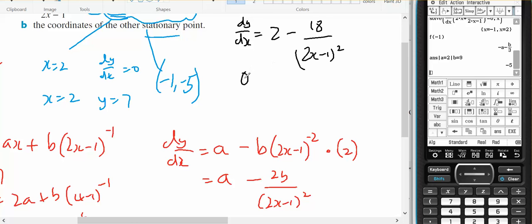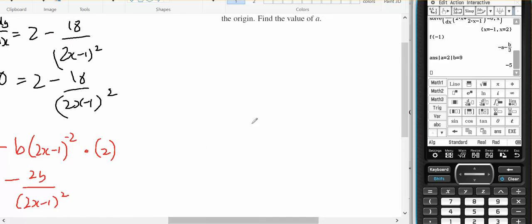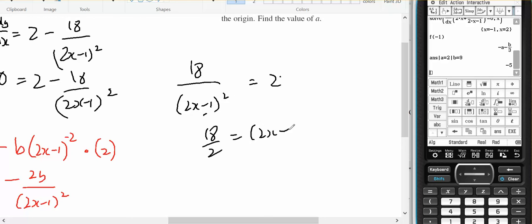If I set that equal to 0, move the 18 over here, (2x minus 1) squared equals... move this there and move the 2 down: 18 on 2 equals (2x minus 1) squared. 9 equals (2x minus 1) squared.